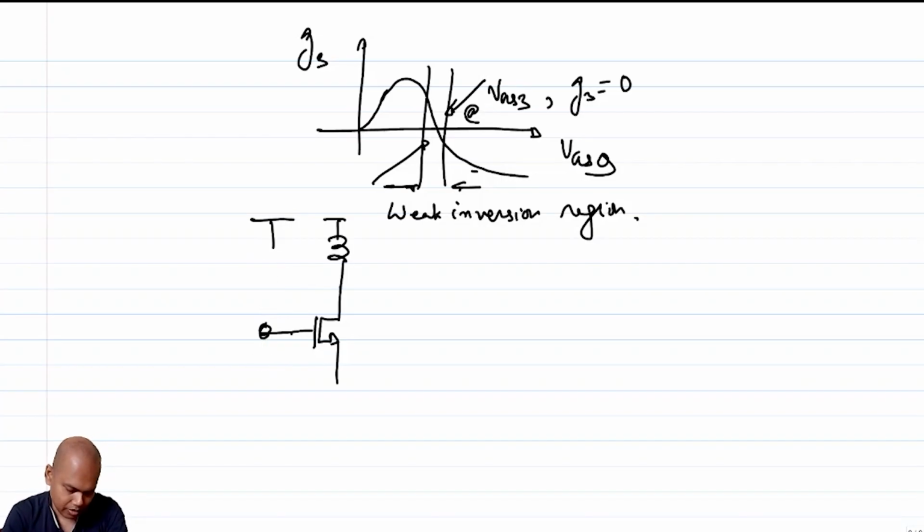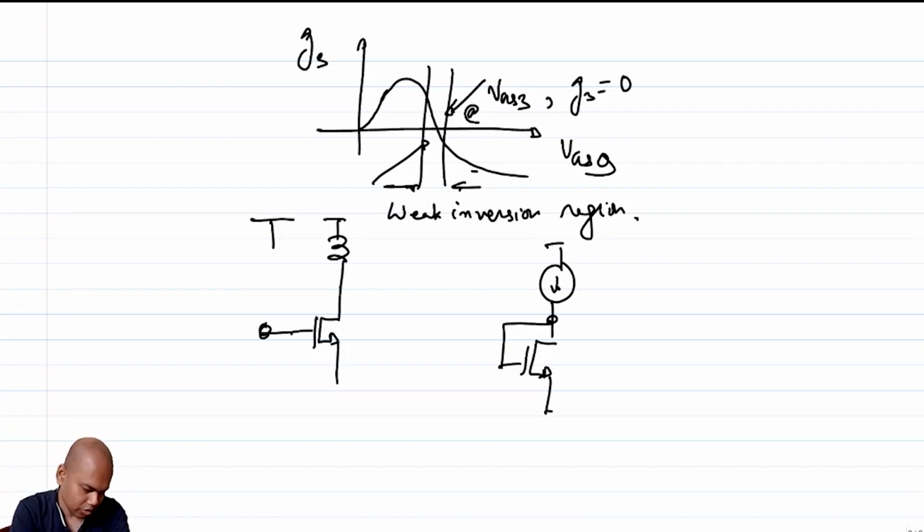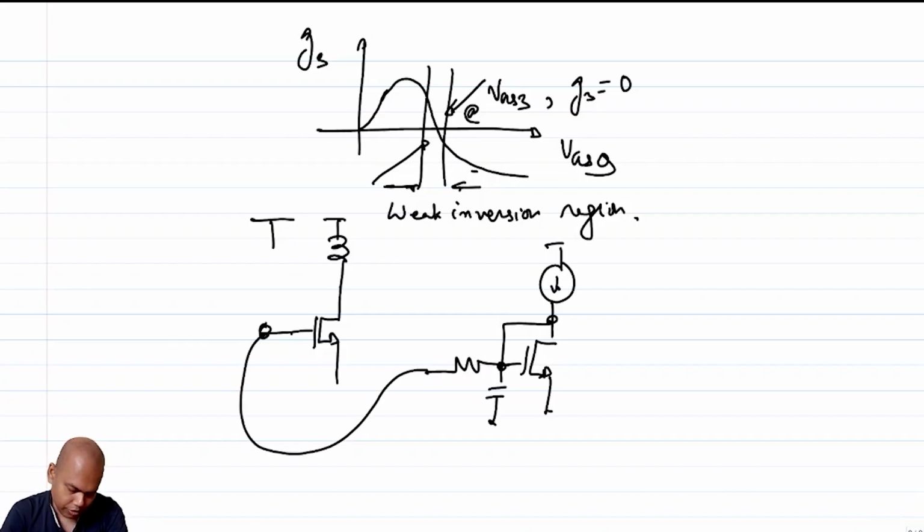Let's say you push in a current and bias it with a constant current source. Then you have this, and you feed in your signal. I'm not showing matching and all; I assume that those things are taken care of.